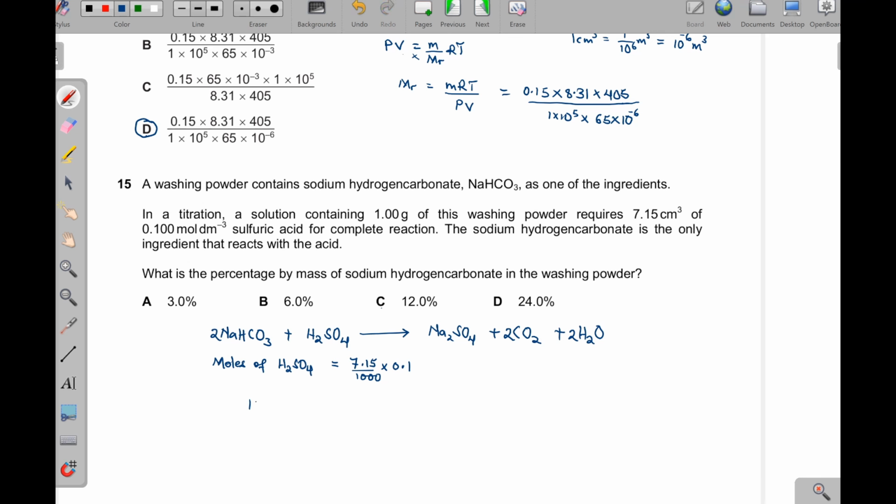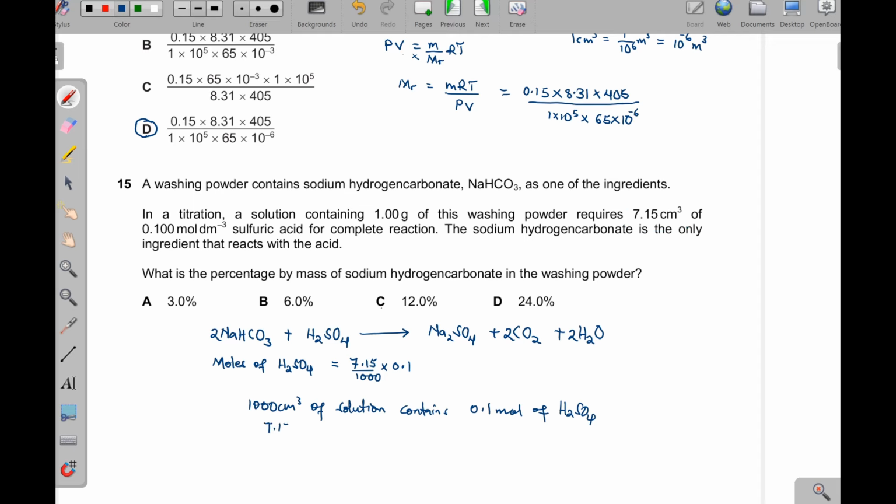It means that 1000 cubic centimeters of solution contains 0.1 moles of sulfuric acid.